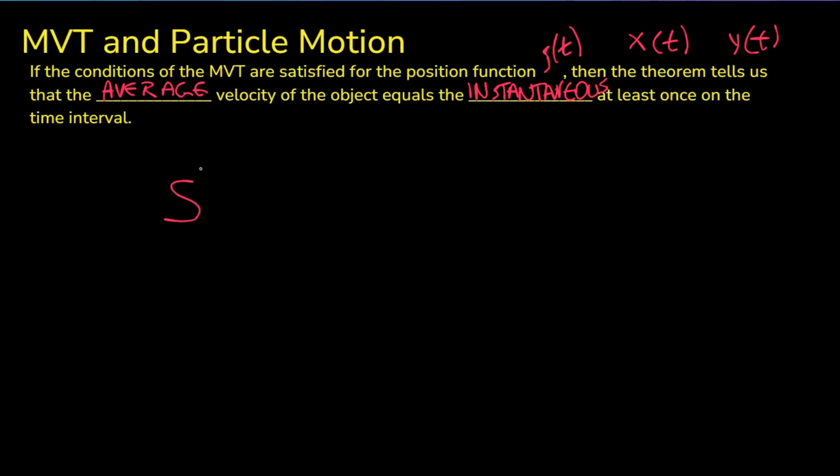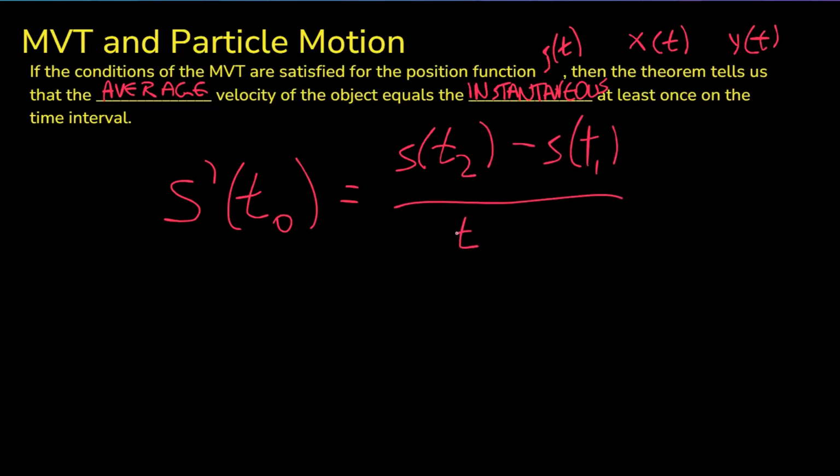In other words, s prime of some time t is going to equal s of t2 minus s of t1 all over t2 minus t1.